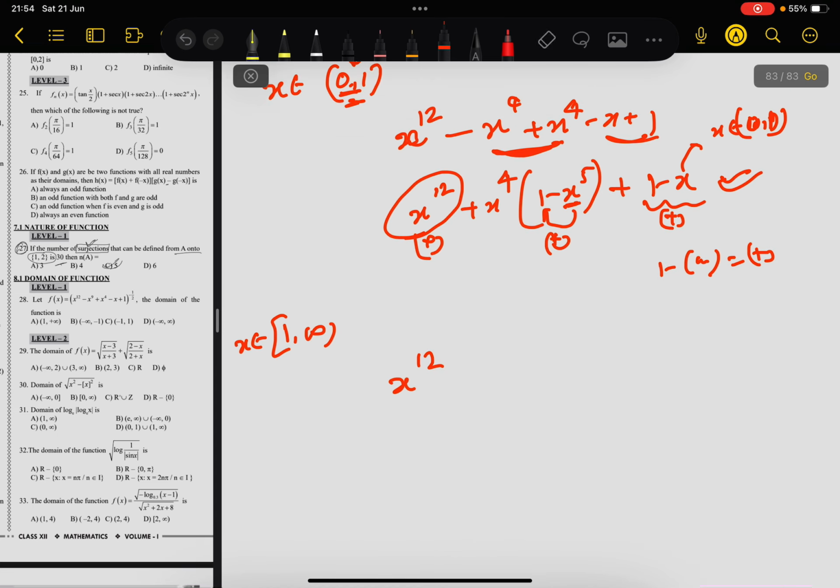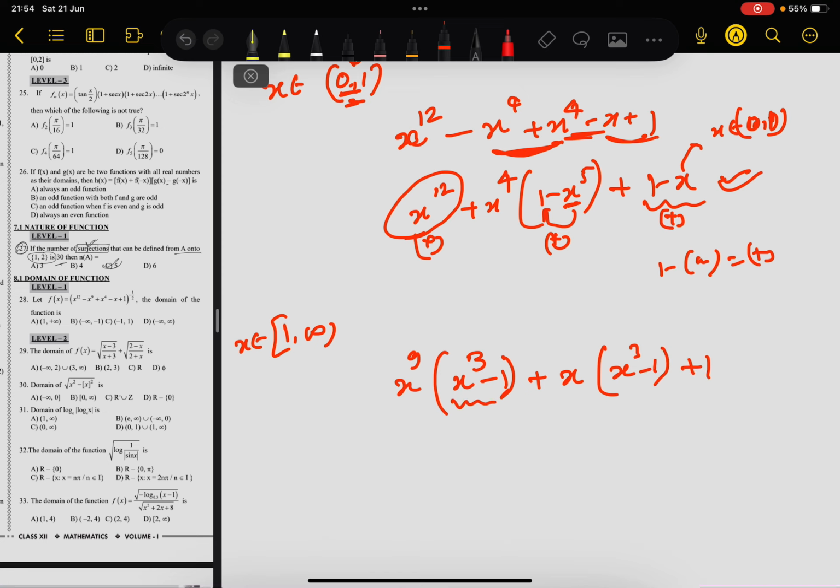If I take x^9 common, this will become x^3 minus 1, since 9 and 3 make 12. And from the next terms, x is common, so this will become x^3 minus 1, plus 1.